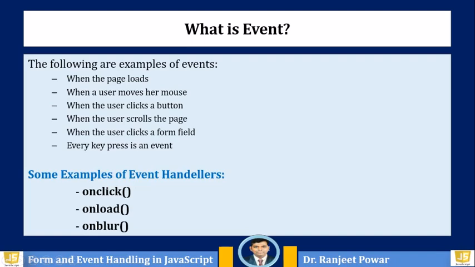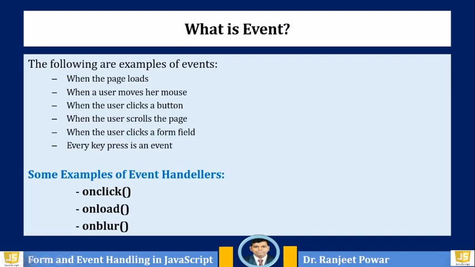An event is something that happens when a user interacts with the web page, such as when he clicks a link or a button, enters text into an input box or text area, makes a selection in the select box, presses a key on the keyboard, moves a mouse pointer over some text or a button, and submits a form, etc.